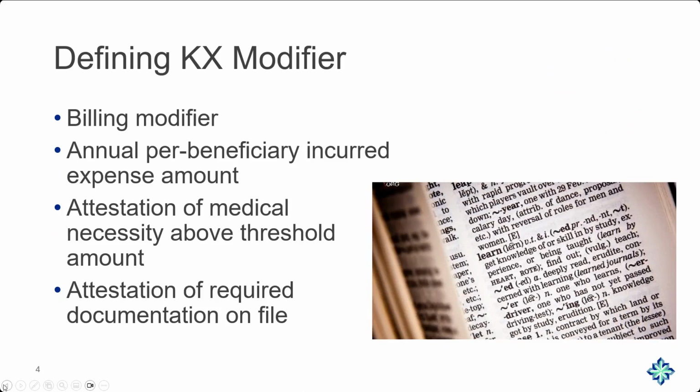By adding that KX modifier to your claim, you're explicitly attesting to the fact that you need to provide continued care to your patient and that that continued care is medically necessary and supported by your documentation in the patient's record. So there is an annual per beneficiary incurred expense amount. But remember, your attestation of medical necessity must be supported in your documentation.